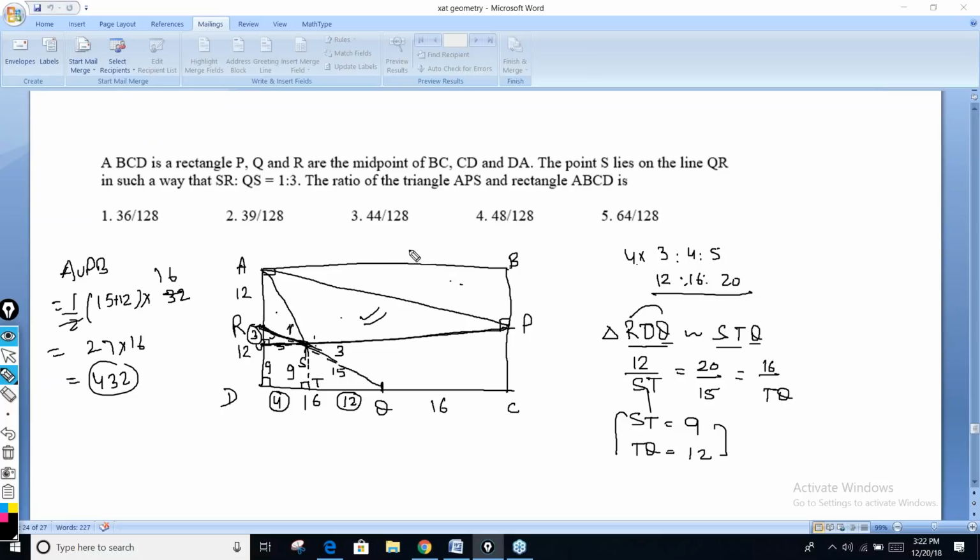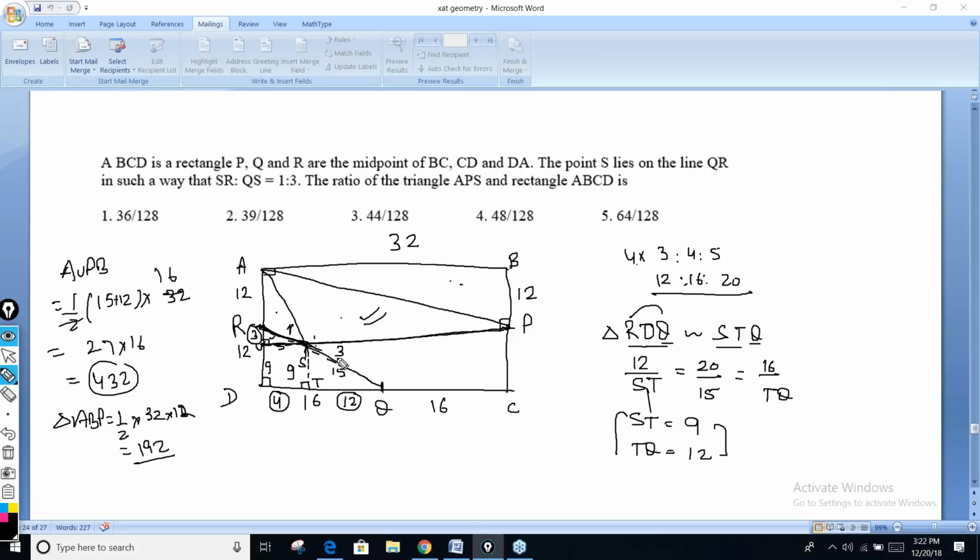That I'm trying to do. So that is 32, that is 12. Till here it is 12. So the area of this triangle, ABP, that is half base into height, 32 into 12, 16 into 12, that is 192.